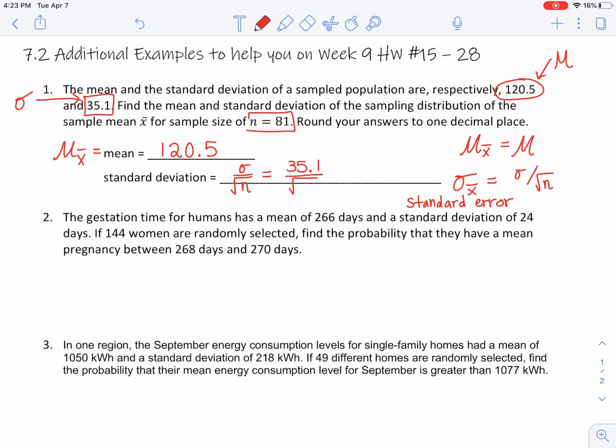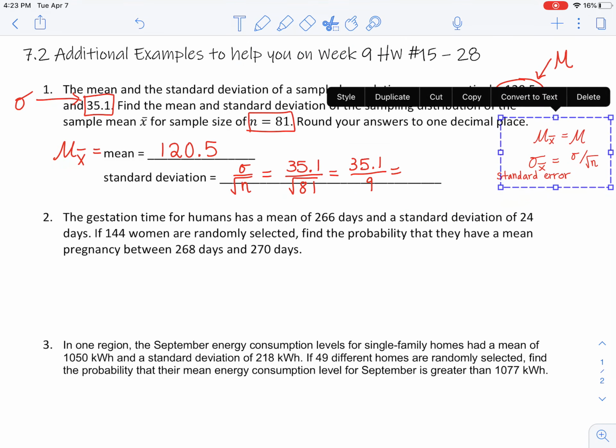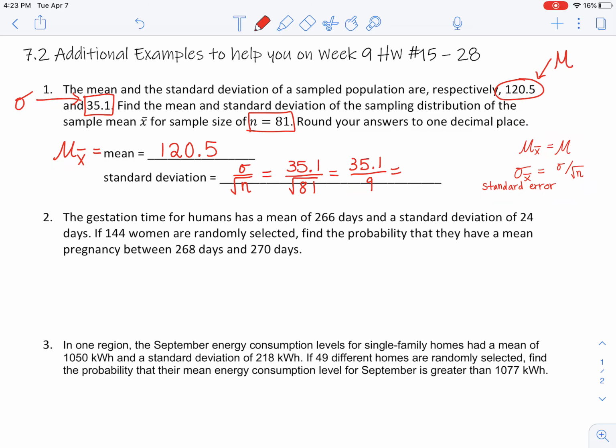So let's plug that in. Standard deviation divided by square root of n, well, remember the standard deviation they gave us is 35.1. And we're going to divide this by square root of n, which is 81. So that's 35.1 divided by square root of 81, which is 9.